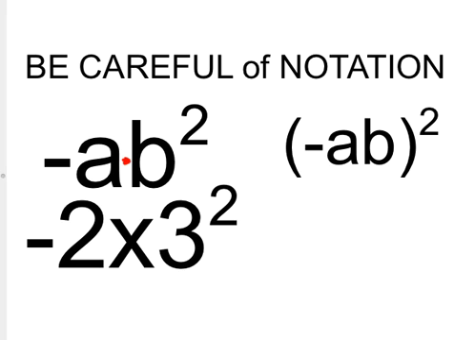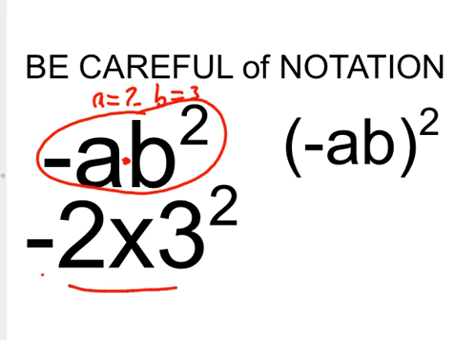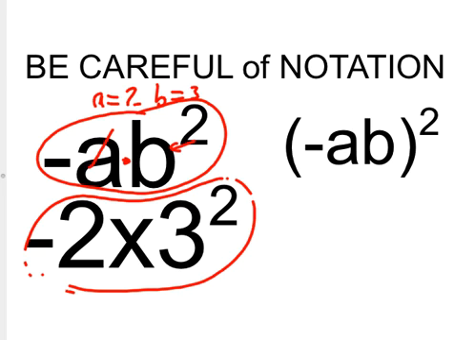So if I say A equals 2 and B equals 3, I would have A times B, which would be 2 times 3, but I'm squaring the B. Really what I'm doing is squaring the B, but not the A. So this exponent only applies to the B and not to the A. This would actually look like negative A times B times B, which may be what you're looking for, or it might not be what you're looking for.